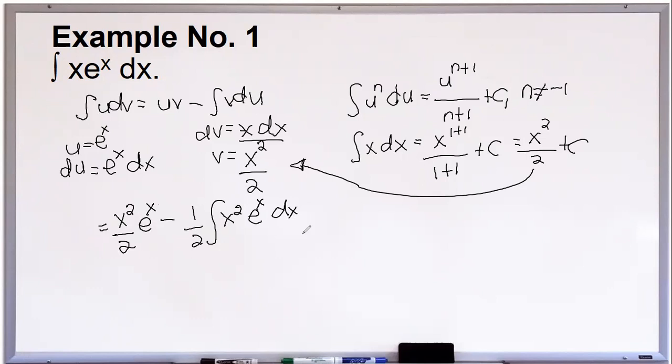Ano ang napansin nyo sa function? Nadagdagan yung exponent natin, hindi nabawasan. So, ibig sabihin, dun sa assumption natin, mali, no? So, ibig sabihin, hindi pwedeng e raised to x ang ilagay natin as u, kasi ang mangyayari dito, lalaki yung exponent, so hindi na matatapos yung pag-solve natin ng by parts.